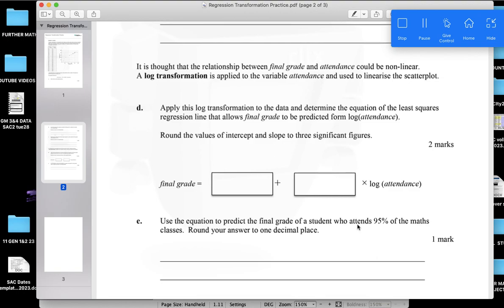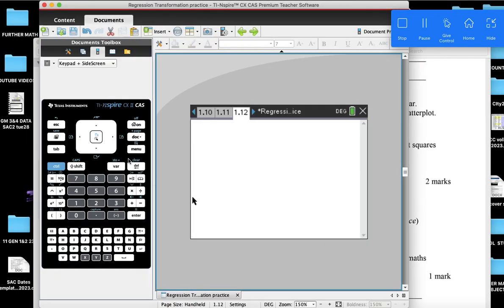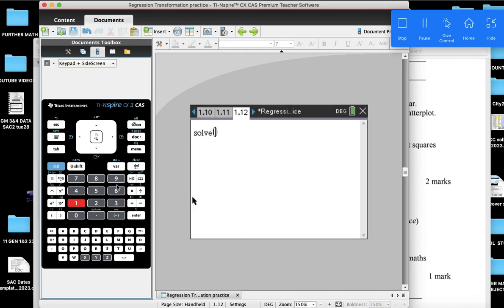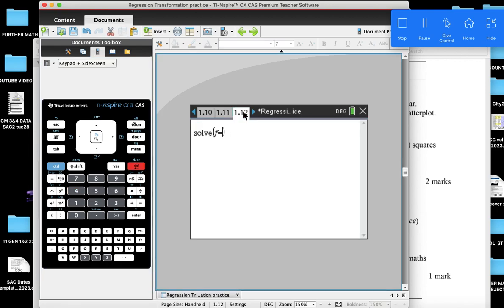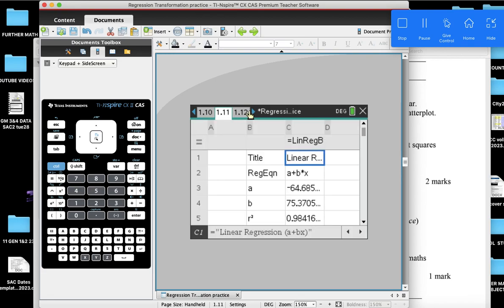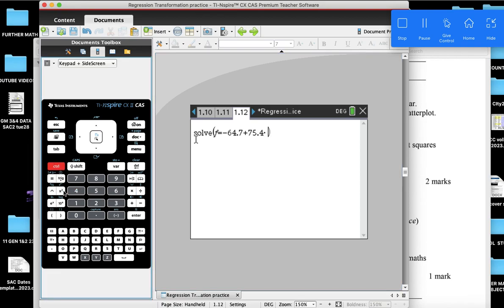Now it says use the equation to predict someone who attends at the 95. So that's where you have to be careful. When we have it transformed, it's probably best to use the solve. And we'd go solve, and we say final grade equals negative 64.7 plus 75.4 times log 10 of attendance.